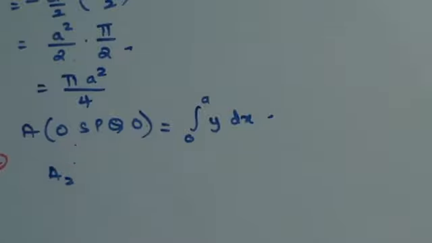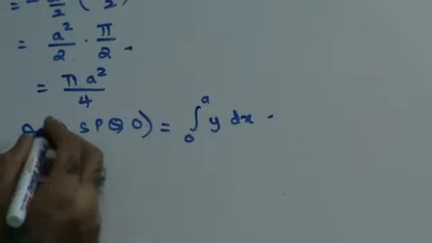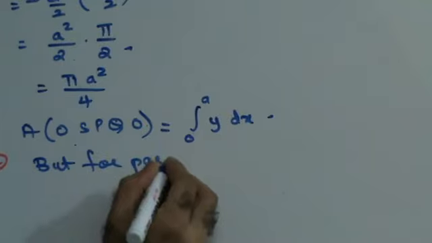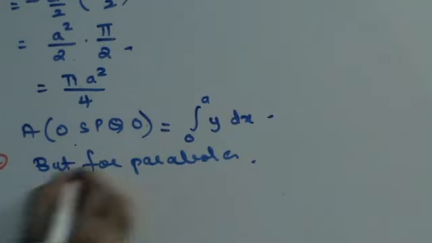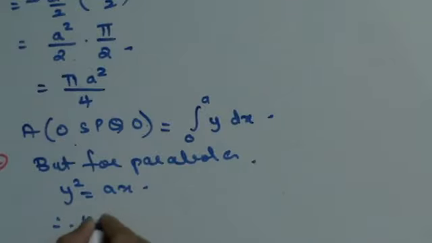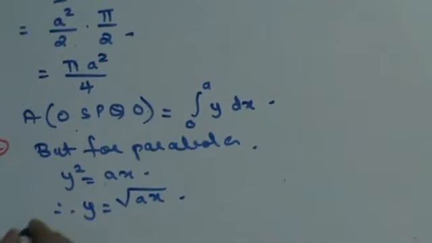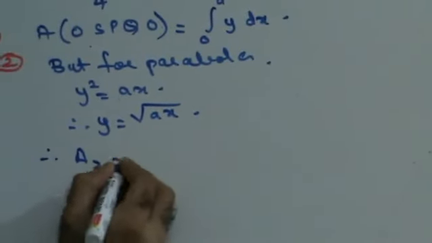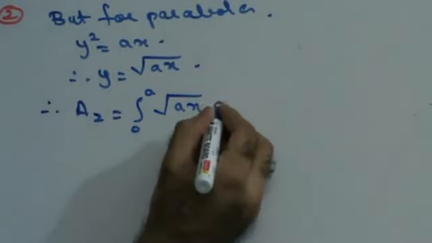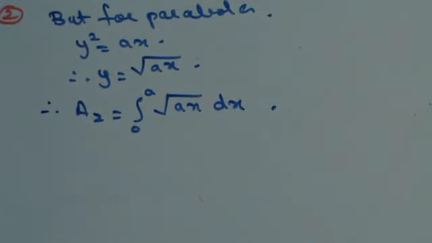Now for the parabola, I can say y square is equal to ax, therefore I can say y is equal to root ax. Therefore I can say that A2 is the integral of 0 to a of root ax dx, right?